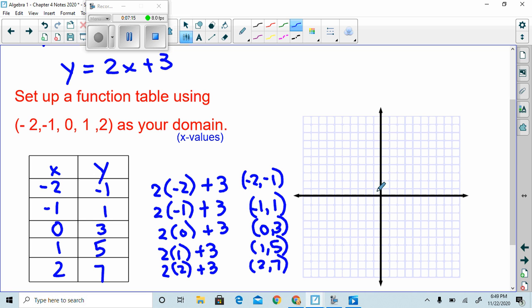And again, you need to know something about where points are located. We start at the origin, we're counting over 2 and down 1. We have over 1, up 1, then 0, 3, then 1 and 5, and 2 and 7. And then you connect the dots.